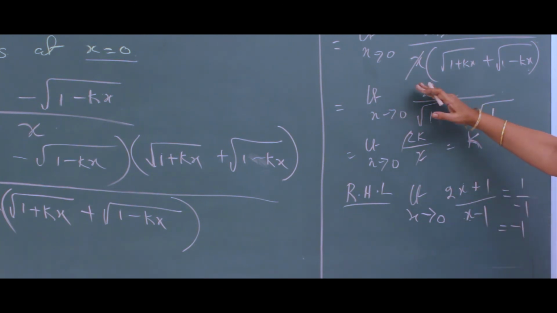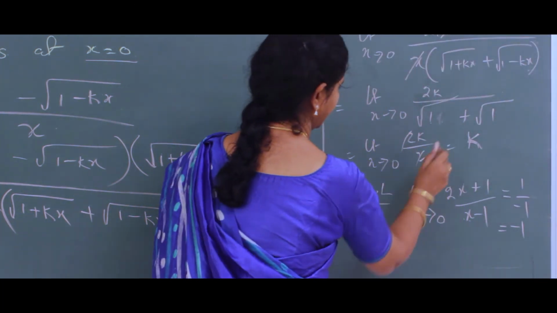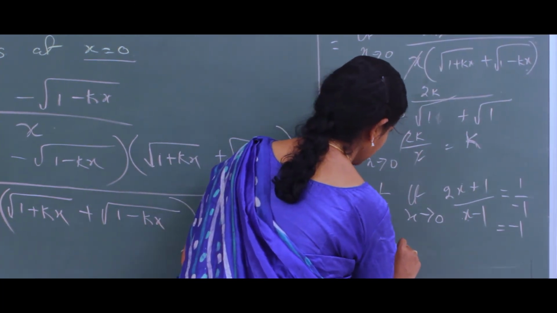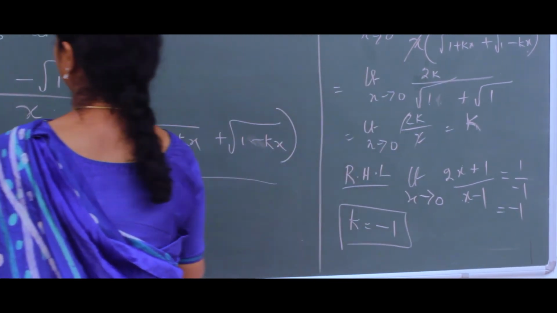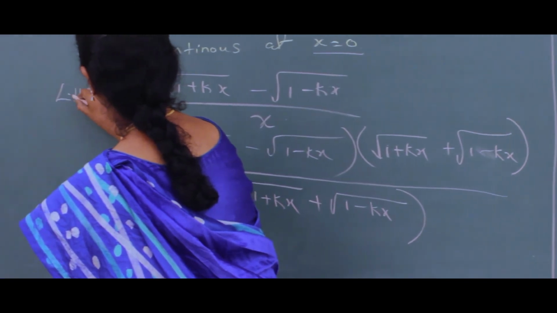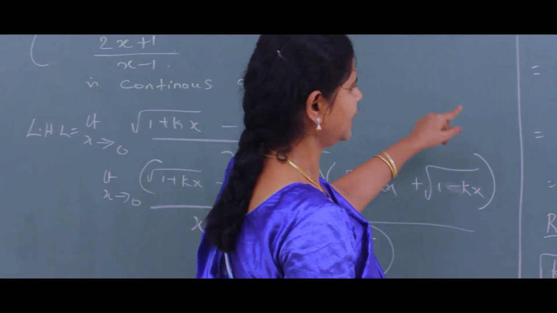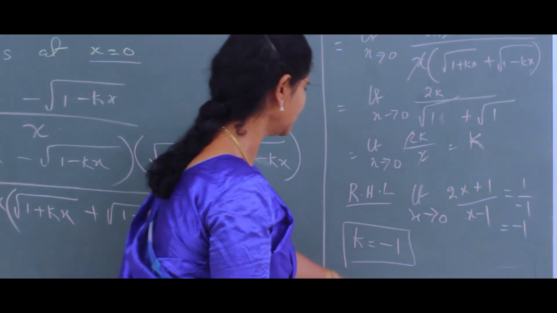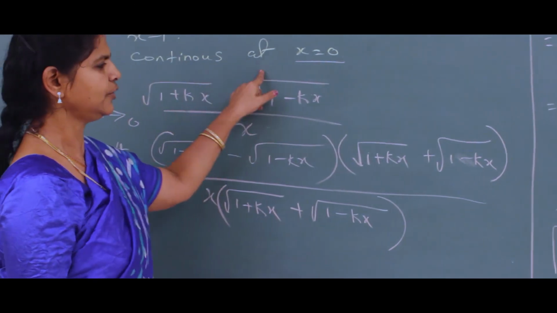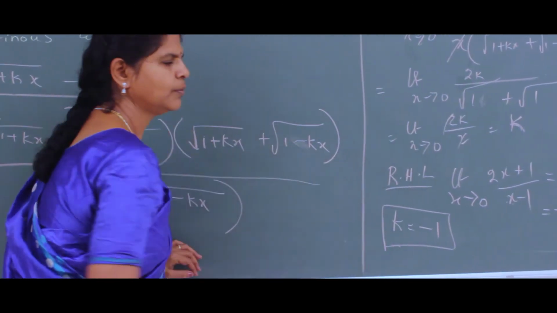So it is a continuous function, and this left hand limit and right hand limit are equal. Therefore k equal to minus 1. This is the right hand limit and this is your left hand limit. The left hand limit value you solved gives k, and the right hand limit is minus 1. Since the function is continuous at x equal to 0, the k value is minus 1.